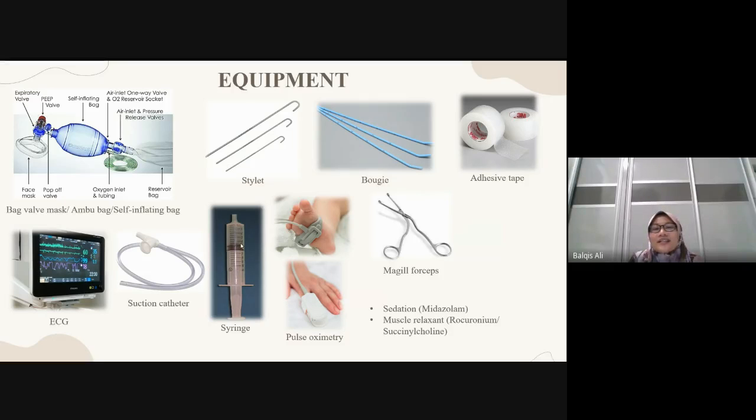Syringe, especially used in the cuff tube to inflate the balloon, and a pulse oximetry to measure the oxygen saturation, Magill forceps for the guide tracheal tube, and also to remove foreign object.